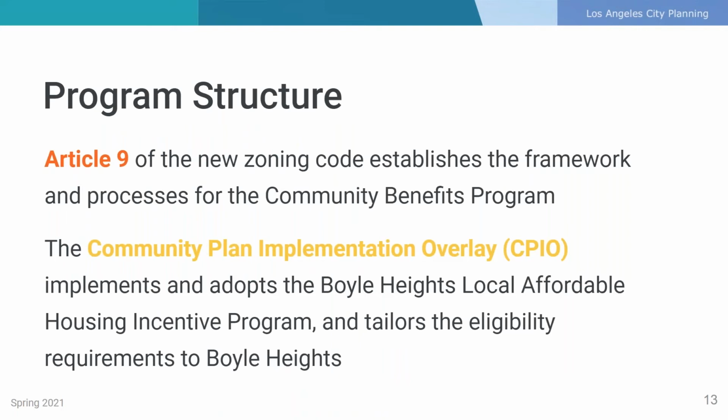Article 9 of the new zoning code establishes the framework and procedures for the Community Benefits Program. Article 9 also includes the base incentives that are offered for an applicant or developer, which we'll talk more about in a moment. The second piece is the Community Plan Implementation Overlay, or CPIO, which is an ordinance that implements and adopts the tailored Boyle Heights Affordable Housing Incentive Program.